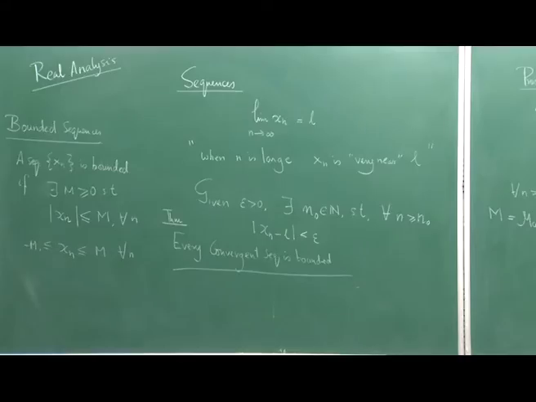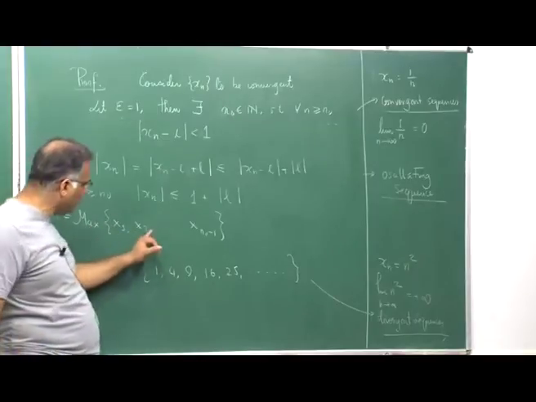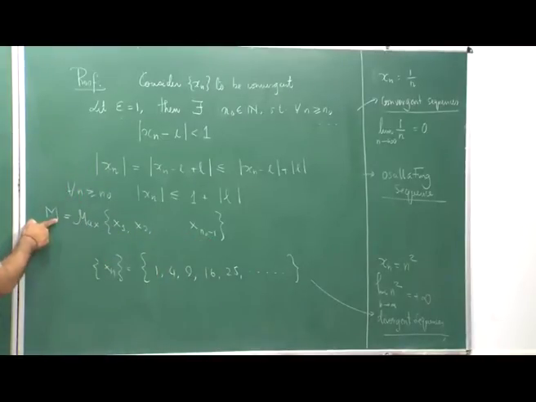You take those values, the finite number of parts of the sequence which you have not considered, because everything beyond that goes inside the band of length 2. Among these remaining finitely many, you take the maximum one. So, all of these are now less than or equal to M.